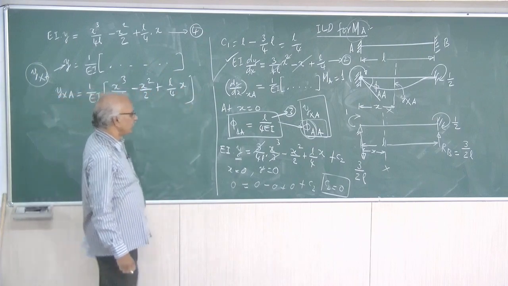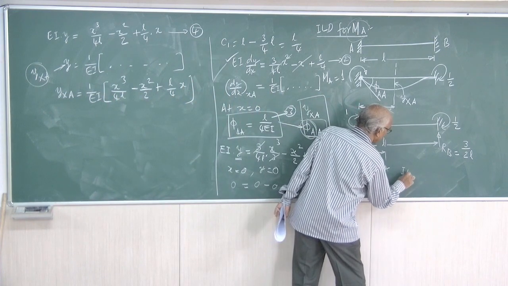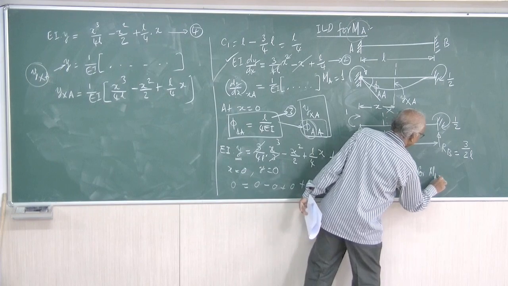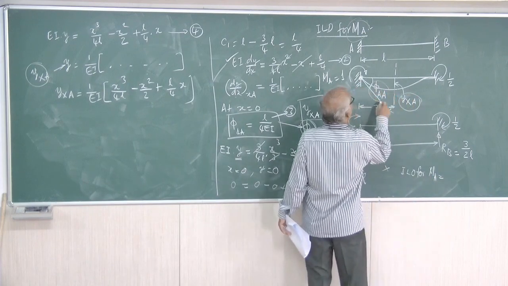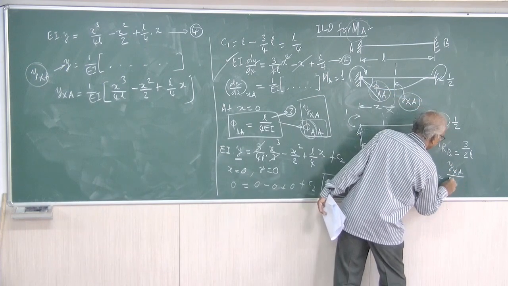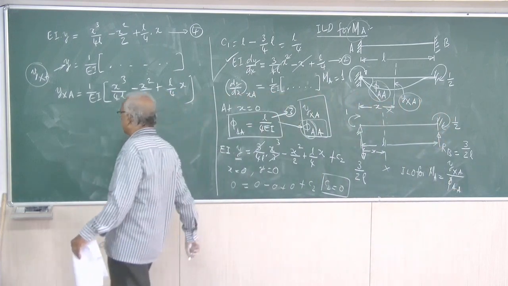Now, according to the Muller-Breslau principle, we know the ILO for MA equal to y_xa divided by phi_AA.